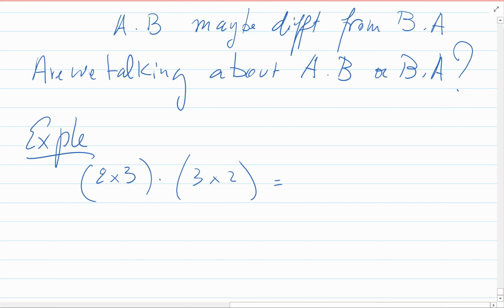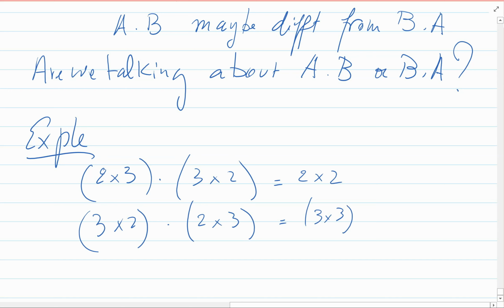What do we get? We get, again, the 3 disappears, it's a 2 by 2. Okay? But if I go now 3 by 2 times 2 by 3, in other words, AB and BA, we will get a 3 by 3. So you see, it's even different sizes, okay?